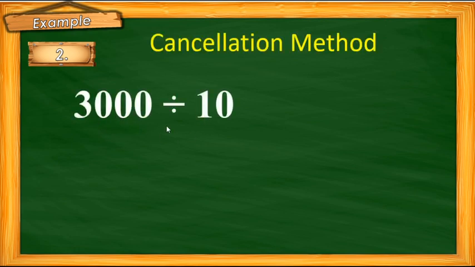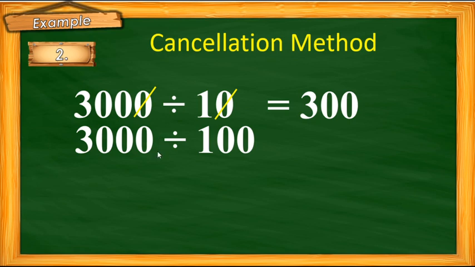Next, the cancellation method. 3,000 divided by 10. Let's count first the number of 0 in the divisor. How many 0 in the divisor? We have 1. So we need to cancel out 1 0 in the dividend. Now our quotient would be 300.